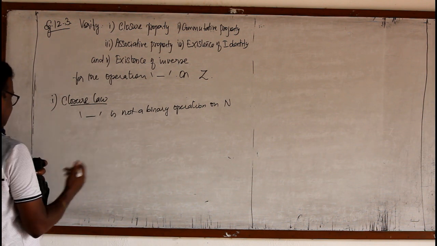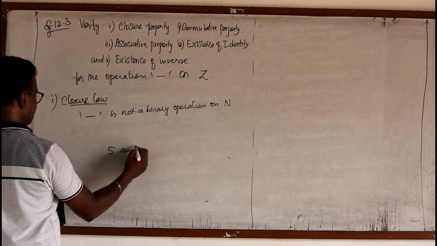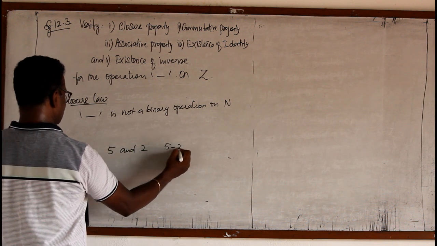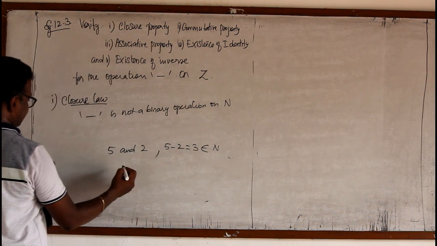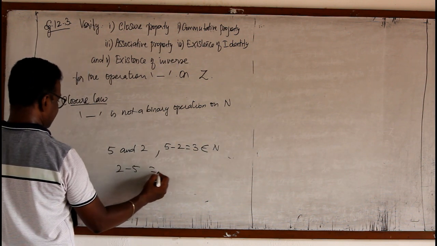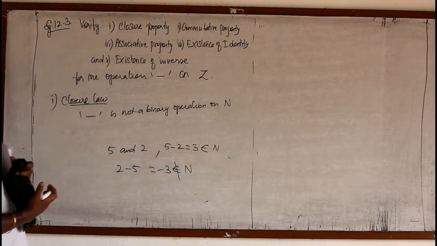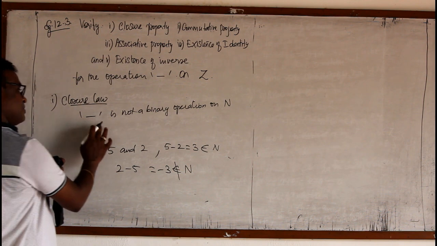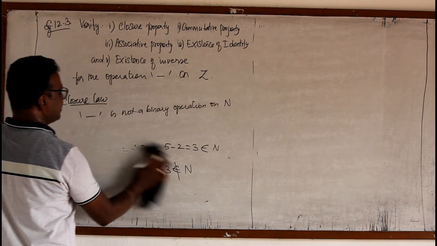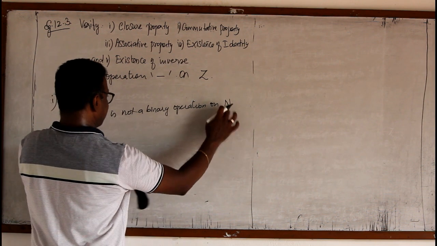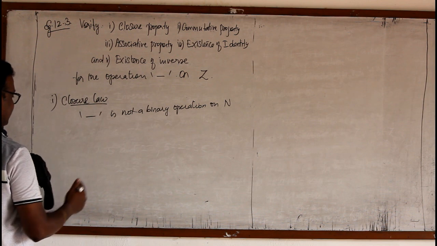Suppose if I take 5 and 2, then 5 minus 2 is 3, definitely this belongs to N. Whereas if I take 2 minus 5, then it is minus 3, this does not belong to N. So minus is not properly defined in N. Therefore minus is not at all a binary operation in the set of natural numbers. But in integers it is a binary operation.